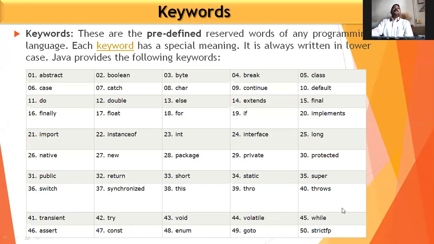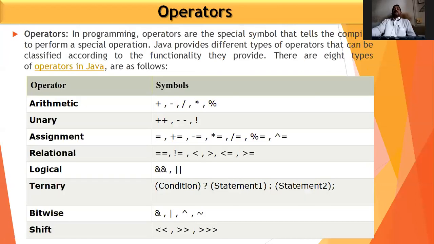Those are the keywords in Java, and because it has 50 keywords, Java is a strong language.